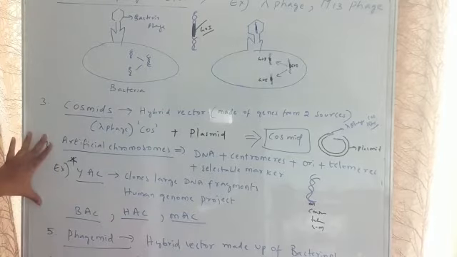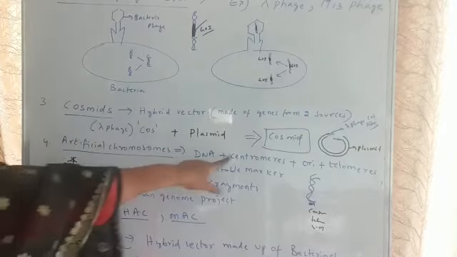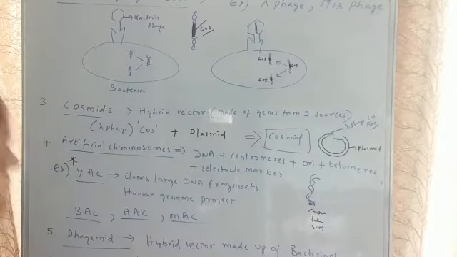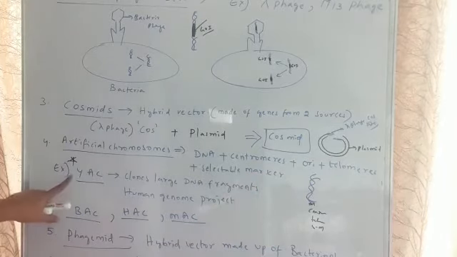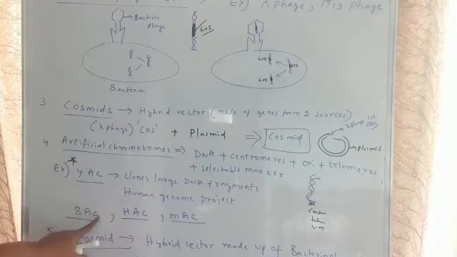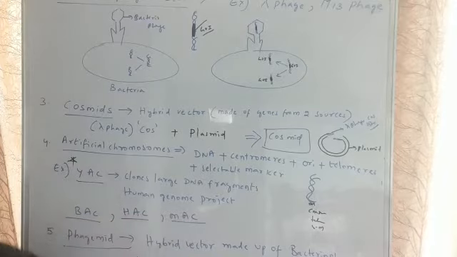So these are all the artificial chromosomes. So artificial chromosomes are prepared by adding DNA with the centromeres, with the ORI region, telomeres, and selectable markers. Examples: yeast artificial chromosome, bacterial artificial chromosome, human artificial chromosome, mammalian artificial chromosome.